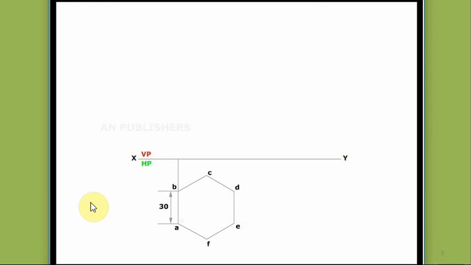Similarly, we have one more face on the top side, so it is O, P, Q, R, S, T. This is the top face. A, B, C, D, etc. is the bottom face. Now we can draw the front view.